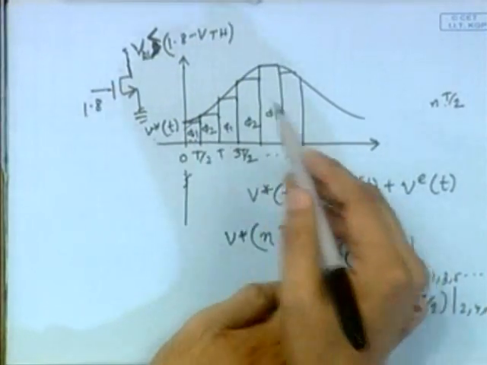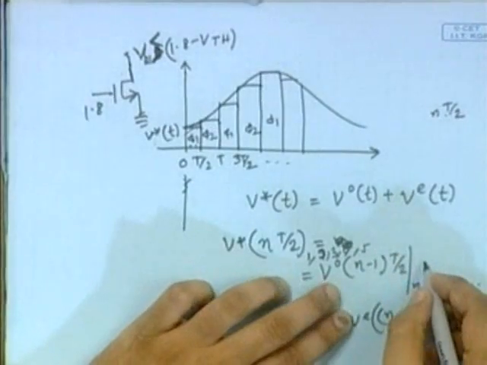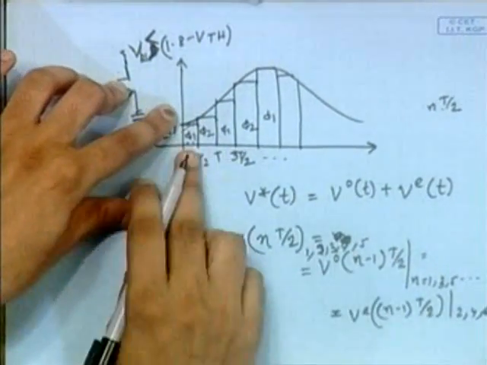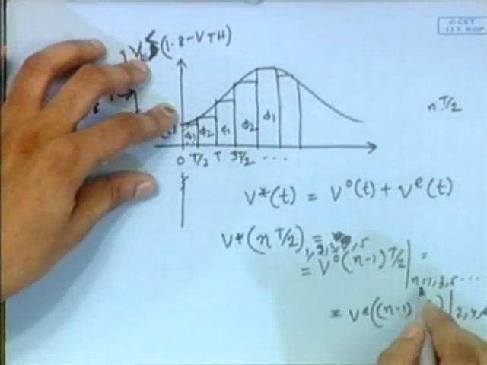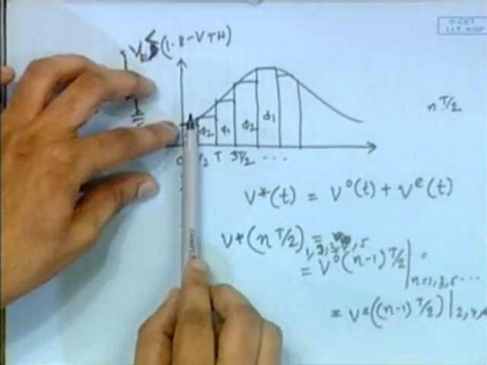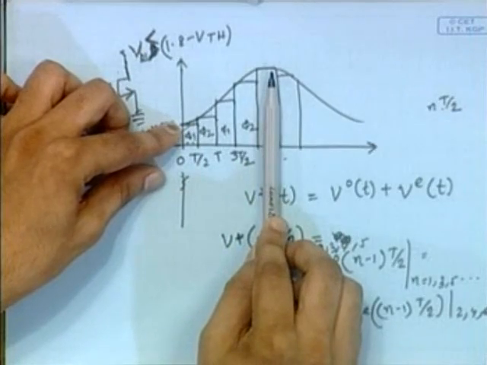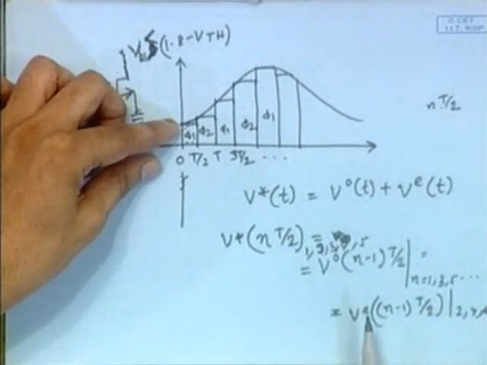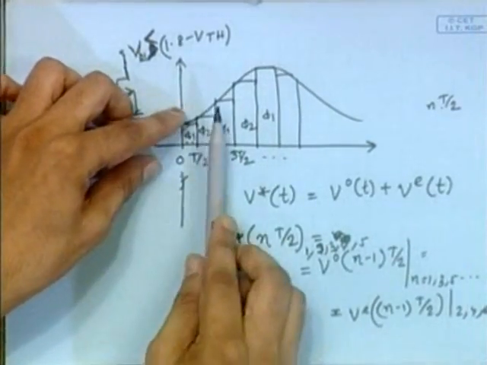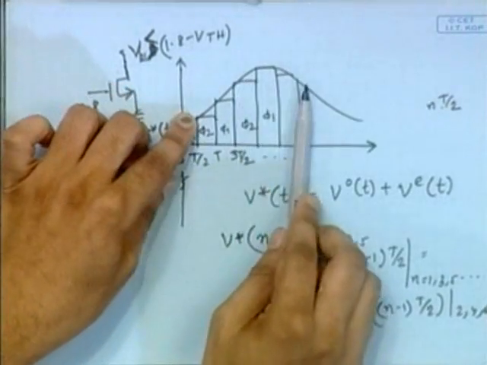If we are taking the odd samples, then n is the first one, then the third one, then the fifth one, like this. And for the even samples, the second one, the fourth one, like this.